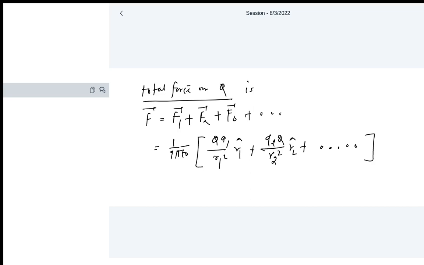We also take the charge capital Q as common. So the expression is Q upon 4 pi epsilon naught times Q1 upon R1 square R1 cap plus Q2 upon R2 square R2 cap, and so on.